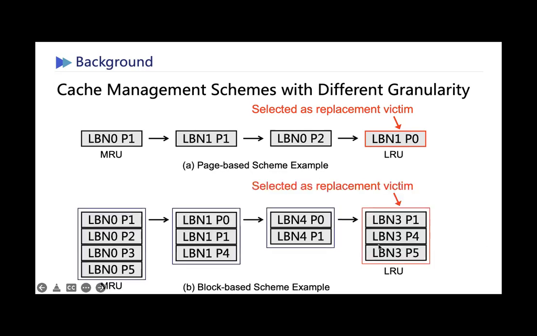Considering the garbage collection process of SSDs is performed at the unit of a block, the block-based cache management schemes have been proposed to exploit spatial locality of data pages belonging to the same block. Block-based cache management groups in-cache data pages into a cluster corresponding to the same logical block.